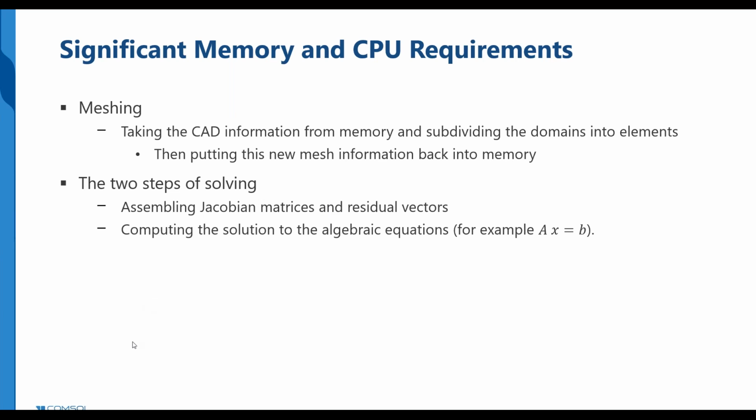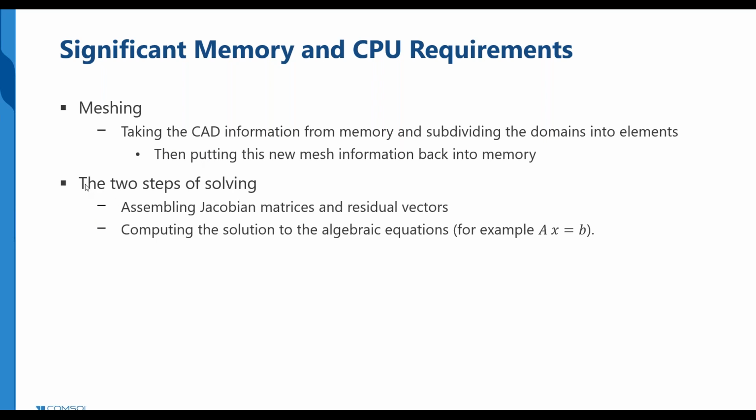So the most important part, the crucial part for memory and CPU time requirements, is the last bullet here, but meshing can also be an issue. It's not always the computation itself. It can also be preparing, the pre-processing as it's called, of the simulation by creating the mesh itself.